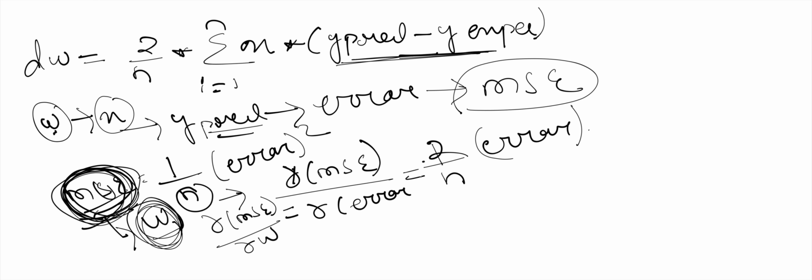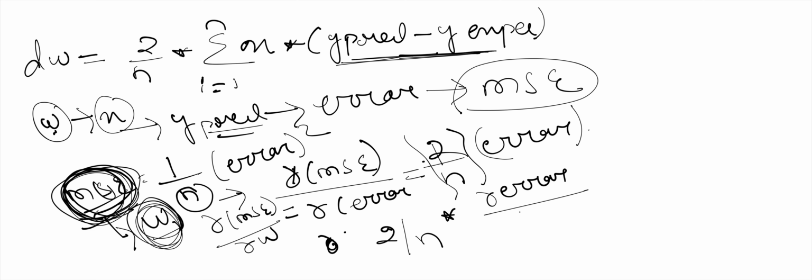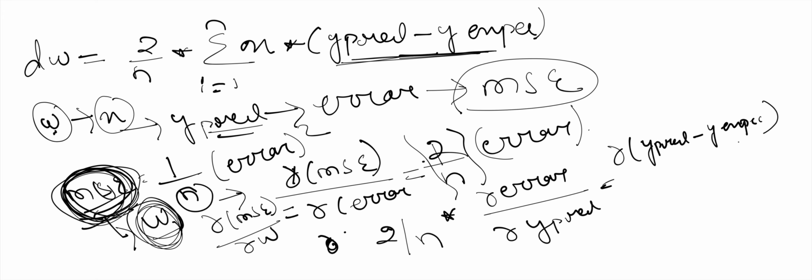Now the next step: 2 by n will come out. Now our next target is d of error by d of y prediction. Here is the tricky part. You might ask me, brother, error is y prediction minus y expected, so why are we differentiating only y prediction here?